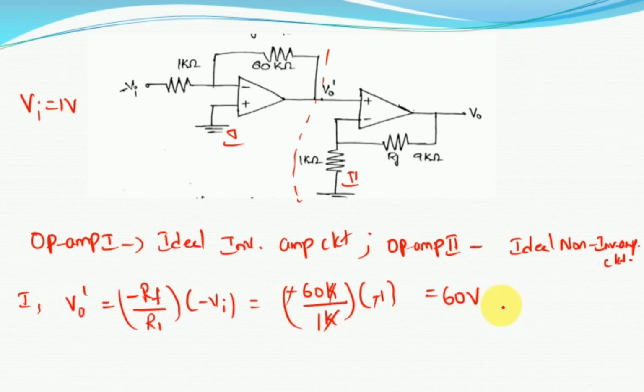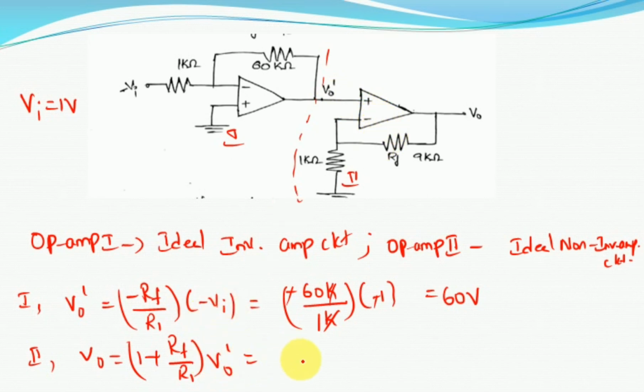Now the second op-amp output voltage V0 we can write with the basic formula, that is 1 plus Rf by R1 into the input voltage applied at the second part. It is V0 dash.